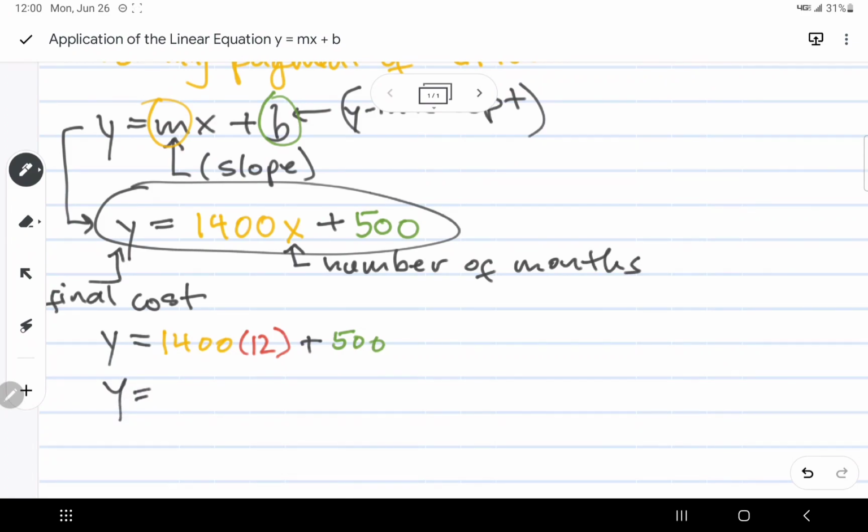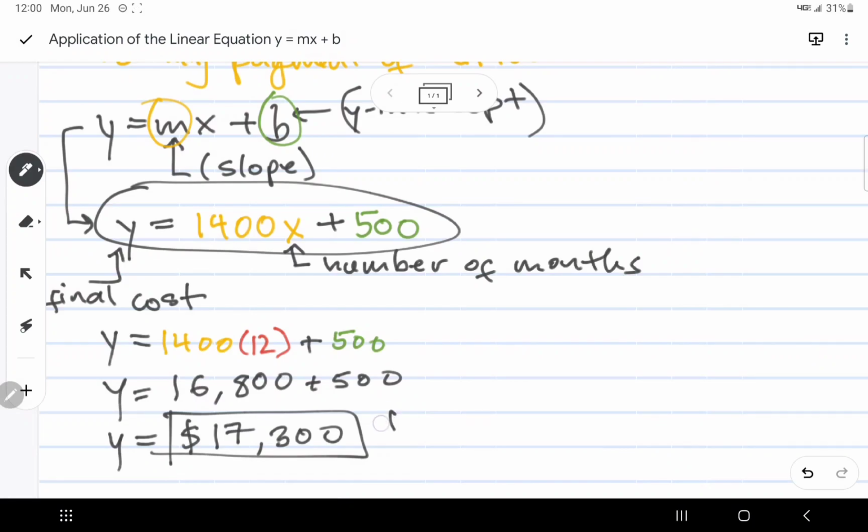So 1,400 times 12, using a calculator, we should get 1,400 times 12. That is $16,800 plus the 500. So we add 500, and in total, our final cost is $17,300.